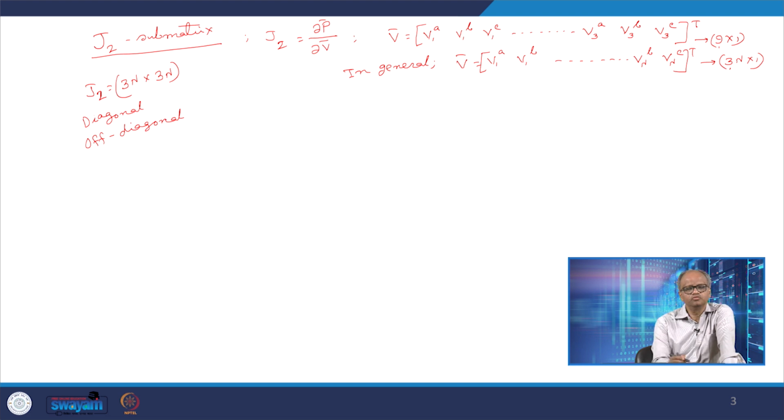Now let us look at what the diagonal and off diagonal terms would be for this 2 bus system.